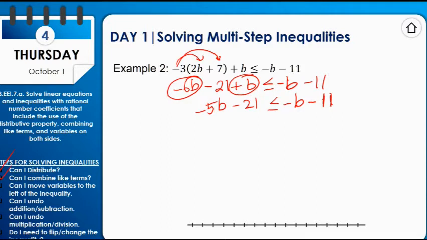I combined like terms. Can I move variables to the left of the inequality? I have a -b. In order to move a negative, I add b to both sides. -5b plus b is -4b.